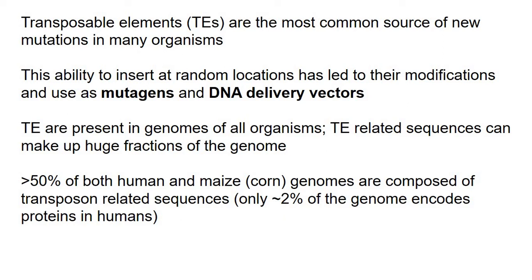And as we heard in the video, Dr. Sue mentioned that in some plants, up to 98% of the genome is composed of transposable elements. If you think about it, in the human genome, only about 2% of the genome codes for proteins. The rest of the genome is either transposable elements or repetitive sequences.